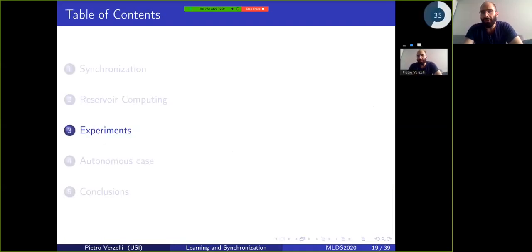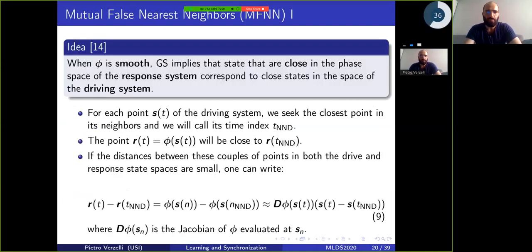Okay, so now let's deal with experiments, trying to show why it is important and what's happening in the reservoir. To do so, at first we need to define a measure of synchronization, and the idea is using the smoothness of phi. When phi is smooth, the generalized synchronization implies that states that are close in the phase space of the response system correspond to states that are close in the space of the driving system, right?